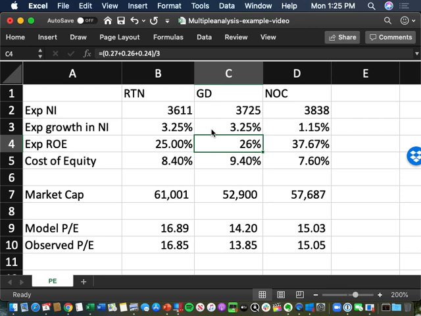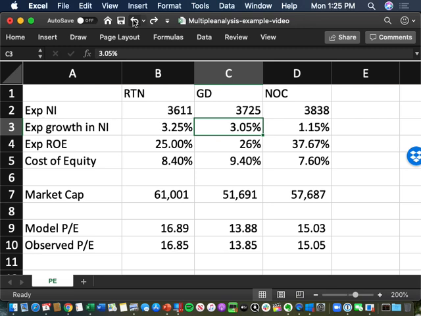So that's not the reason. The 0.25% growth is not the reason, at least the primary reason, why General Dynamics is trading at a discount to Raytheon and why Raytheon's trading at a premium. I'm not saying it's a contributing factor, but it's not the primary reason.